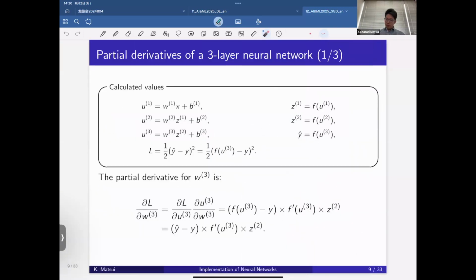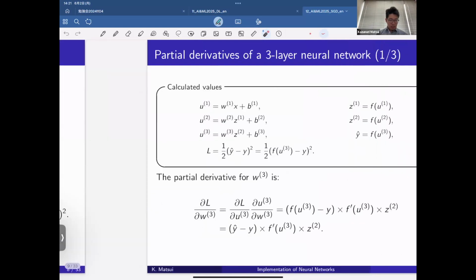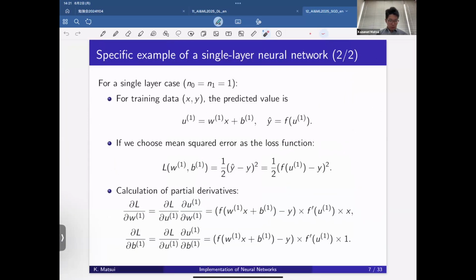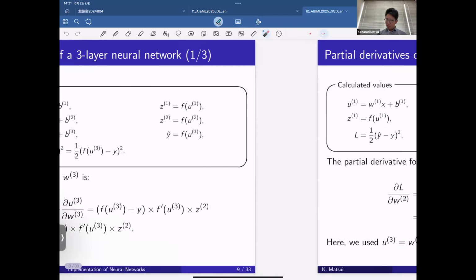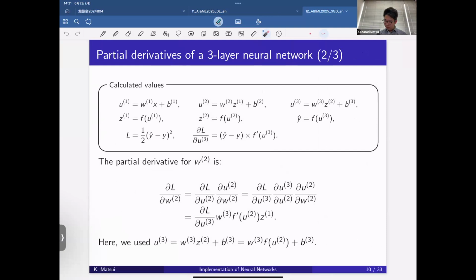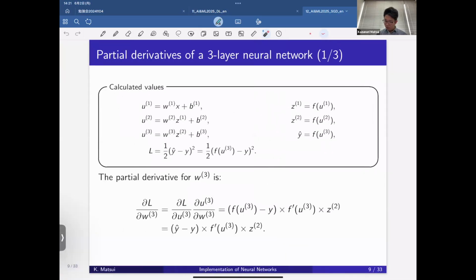Looking back at the previous page, what we need to know first is the partial derivative of L with respect to u. If we calculate the partial derivative with respect to u, the later calculations become simple.